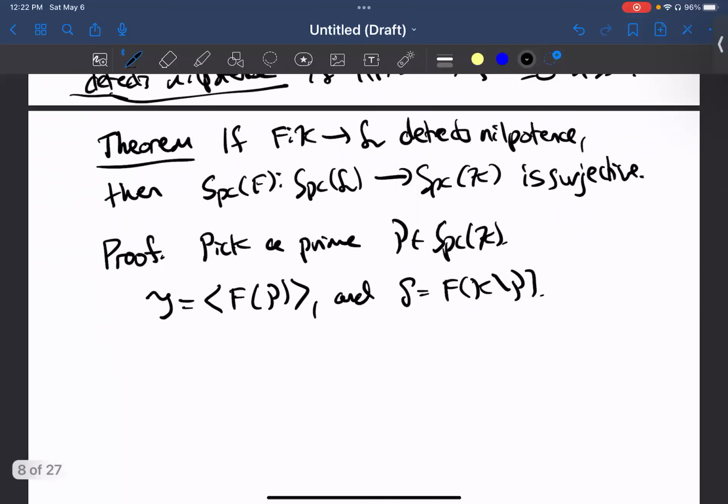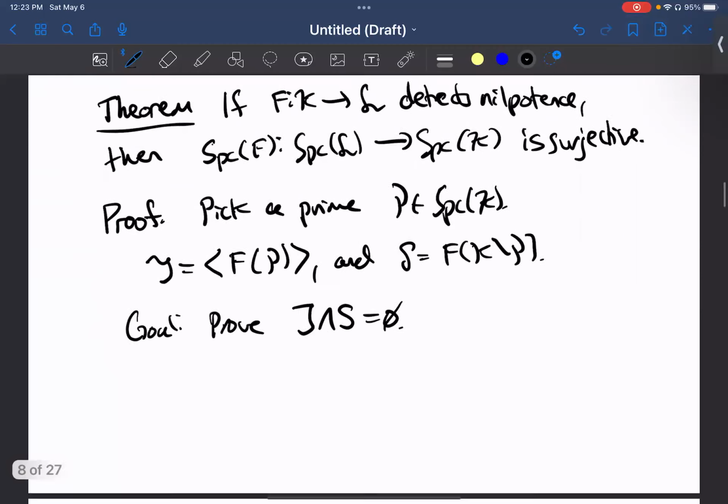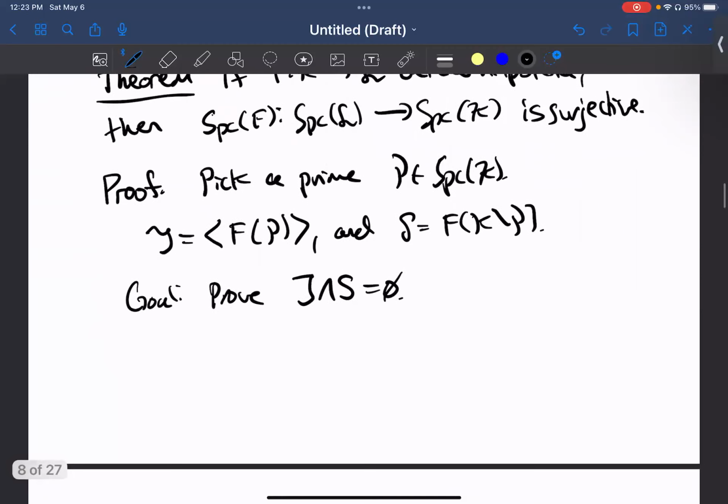And our goal is going to be to prove that J intersection S is the empty set. So if we have this, then we can win.